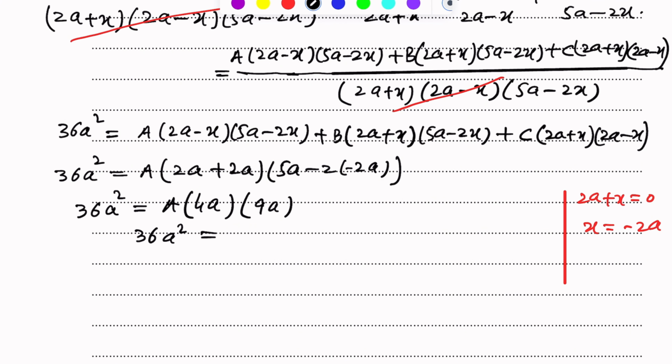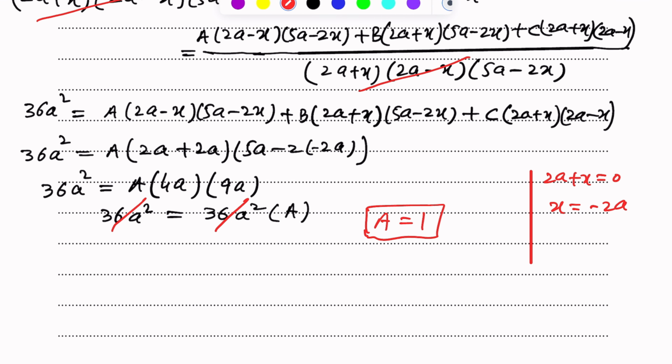So 36a² is equal to 36a² into A. Cancelling out, from here we get A is equal to 1.